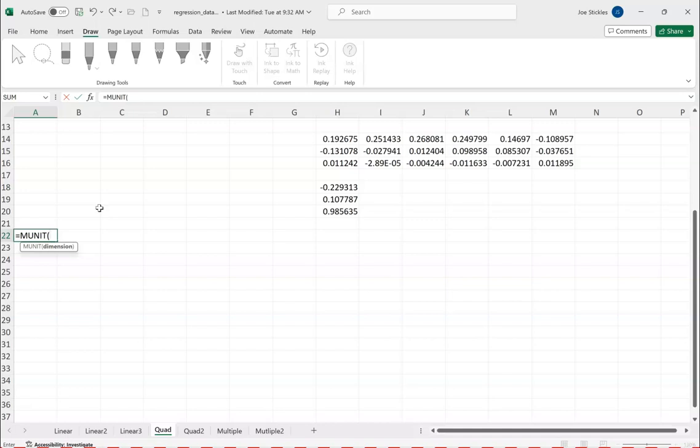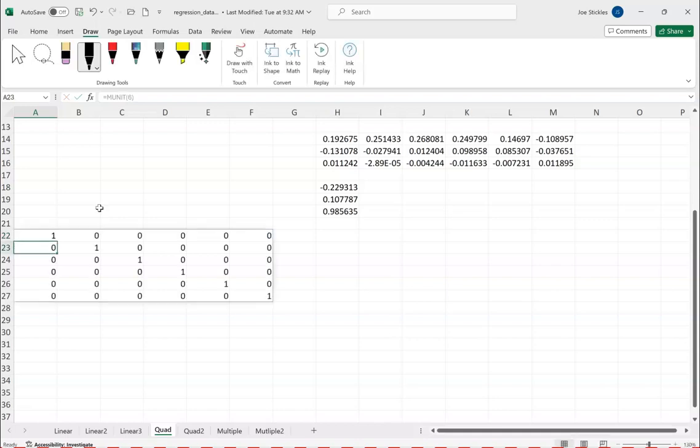But anyway, munit means identity matrix. Notice that it asks for a dimension here. We want a 6 by 6 identity, so we just put a 6 in there and it'll make a 6 by 6 identity matrix. Again, the number you're going to put in there is how many data points you have. Okay? There's a 6 by 6 identity matrix.